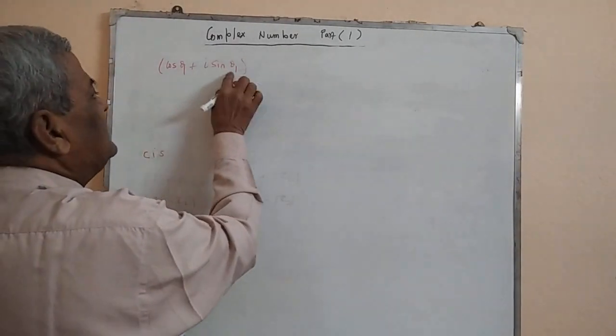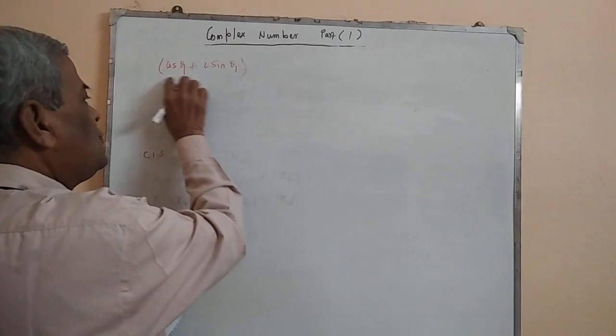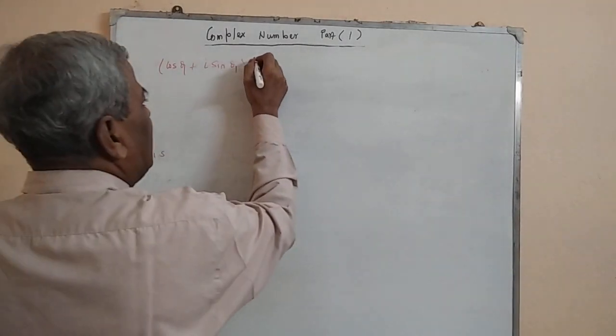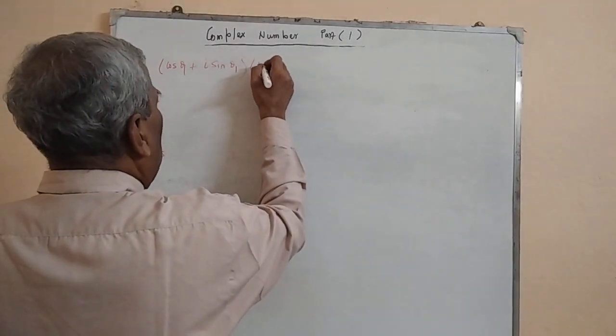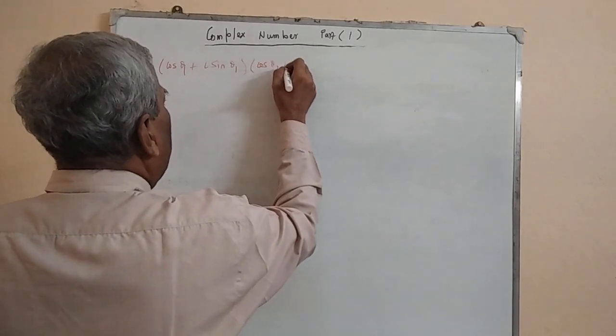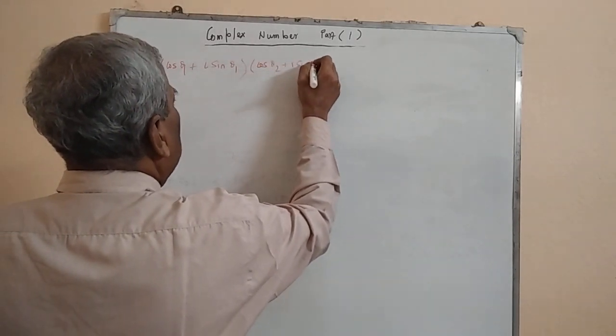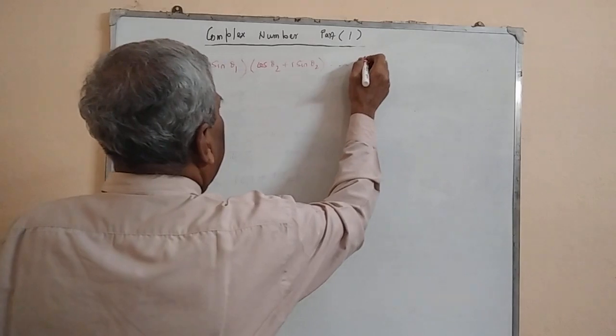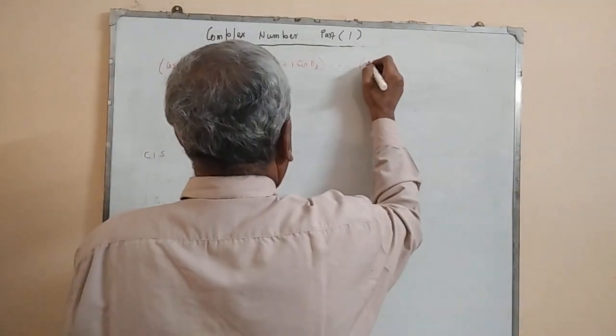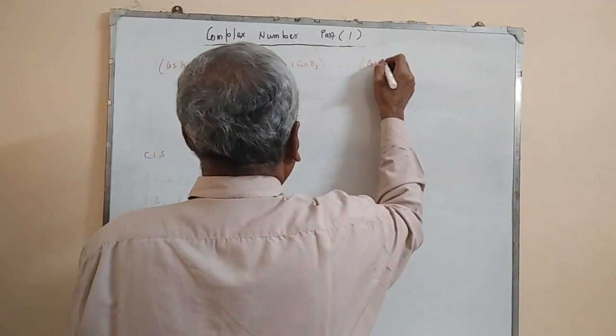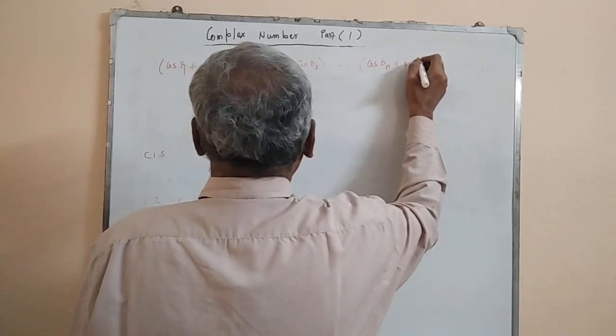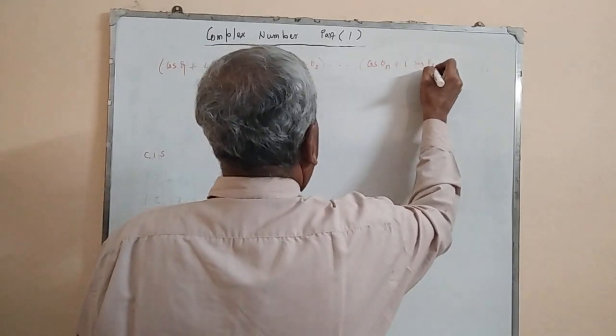Cos theta plus i sin theta, same angle, is known as cis. The second one is another cis, cos of theta 2 plus i sin of theta 2, and the nth one is cos of theta n plus i sin of theta n.